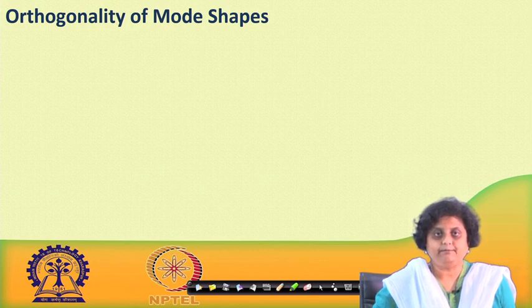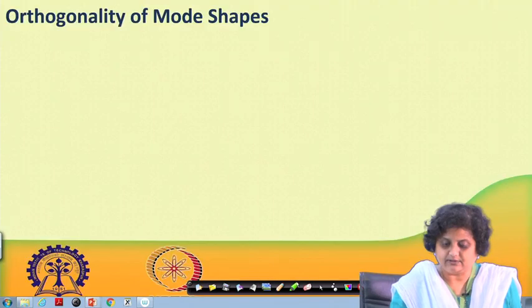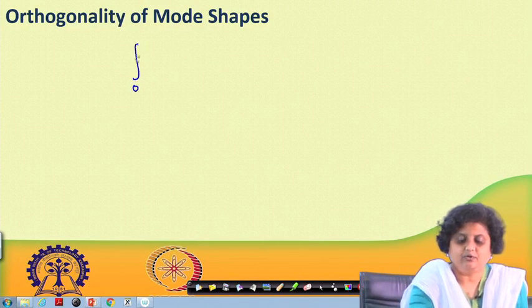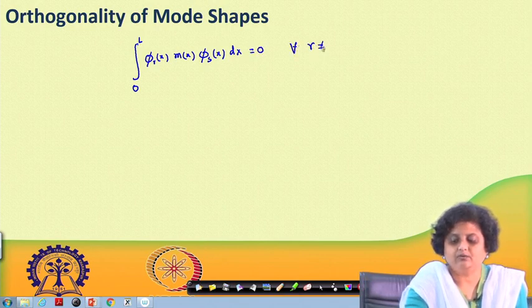So, we have been discussing that the mode shapes obtained for a continuous system, be it a bar under longitudinal vibration or a beam under flexural vibration or even a torsional bar or any other member, are orthogonal to each other, and the expression for orthogonality is actually given as integral from 0 to L of phi r x m x into phi s x dx is equal to 0 for all r not equal to s.